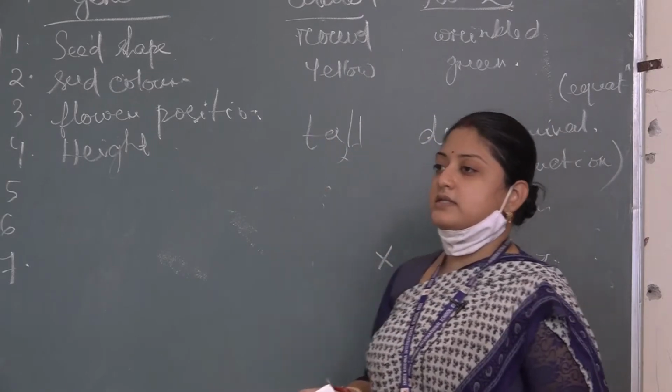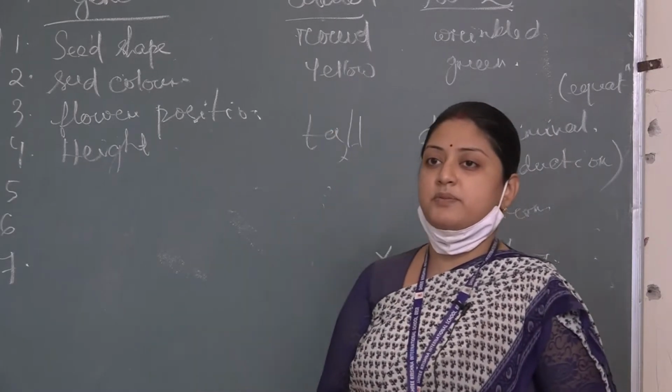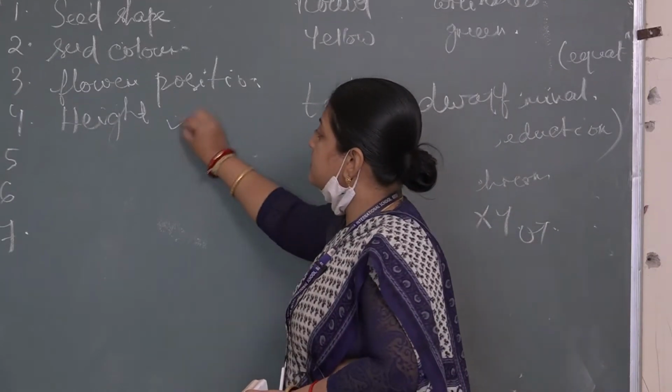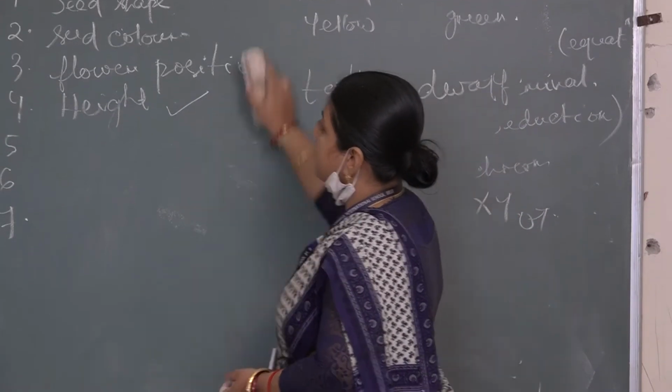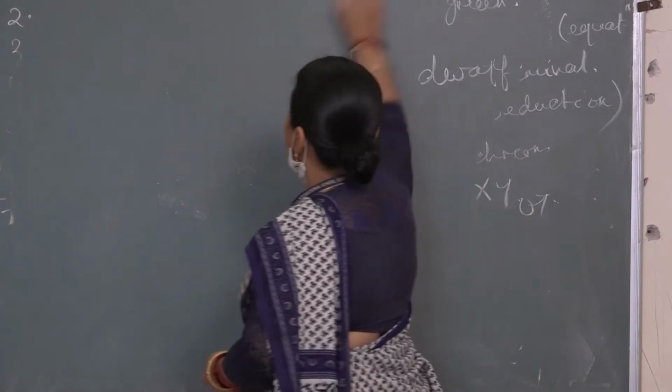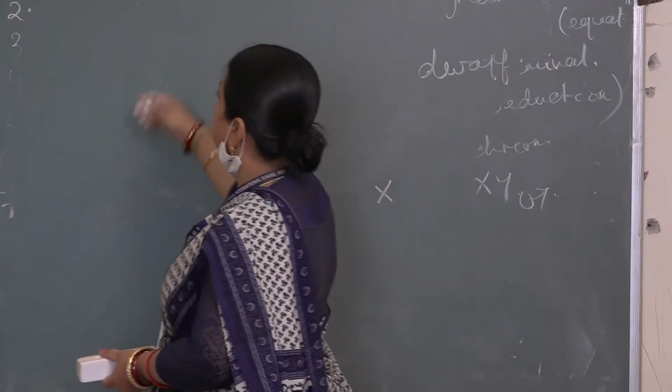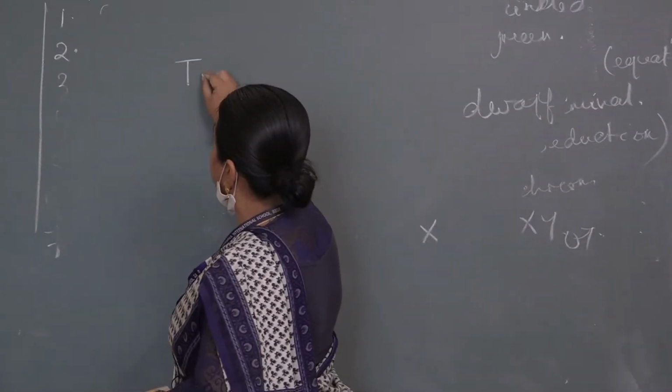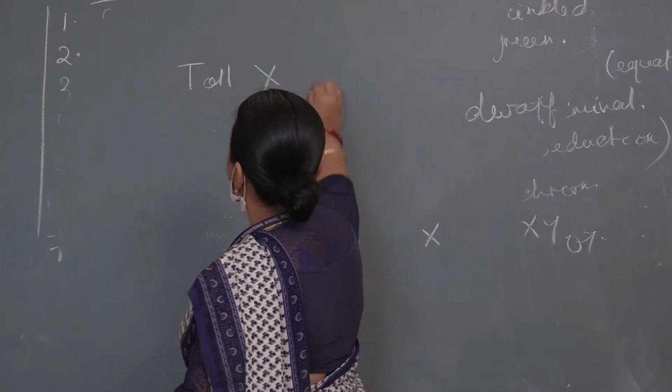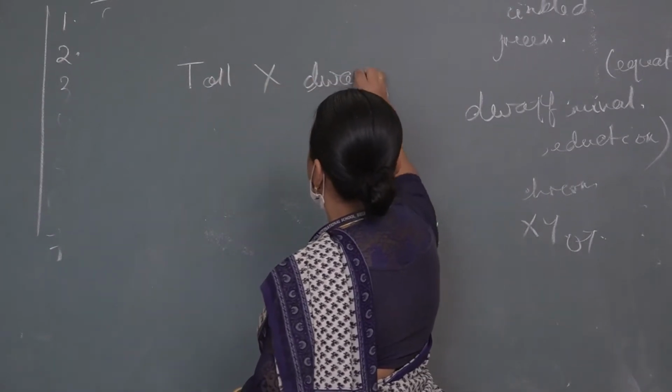Then he started his experiment by considering the height of the plant. First he crossed 2 plants: a tall pea plant crossed with a dwarf pea plant.